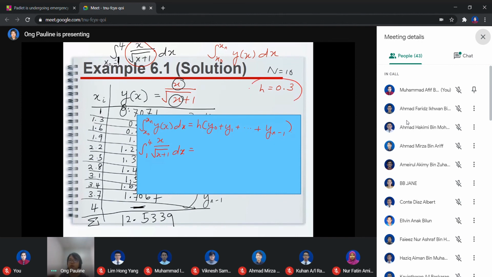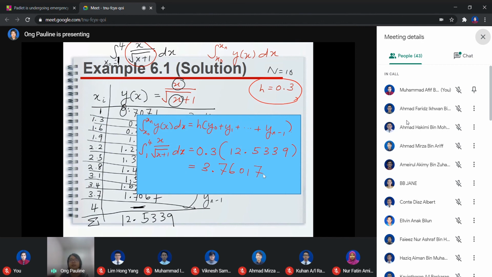Here h is 0.3, multiplied to the summation from y0, y1 until yn minus 1, which we already obtained here, 12.5339. Multiplying it by h, I get 3.76017, if I leave it without rounding to 4 decimal places.